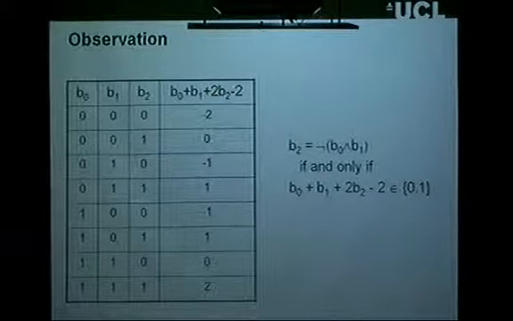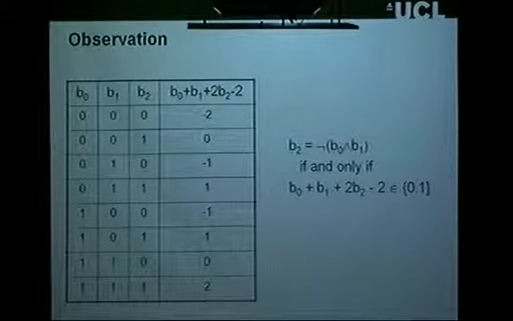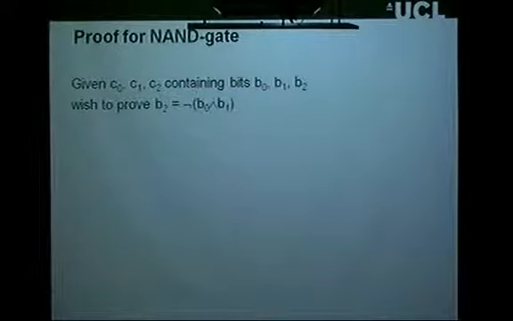Okay? So yeah, you can have fun reading the table. This is just a fact I'll pull out of the blue. And I'm going to use that in the proof that commitments respect the NAND gate.